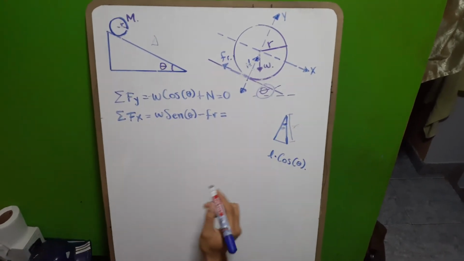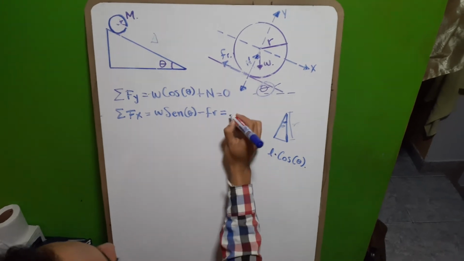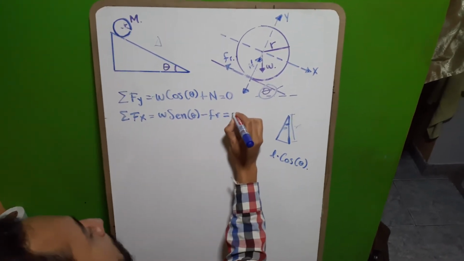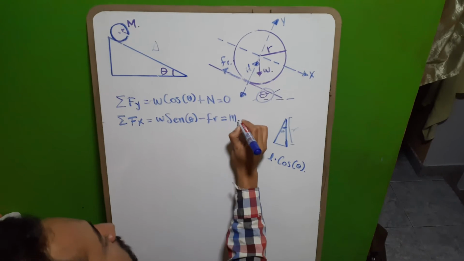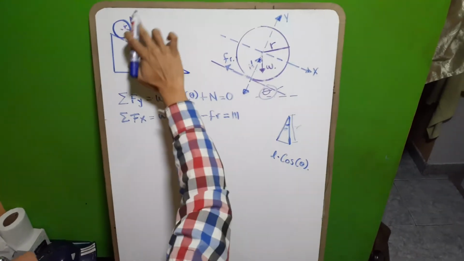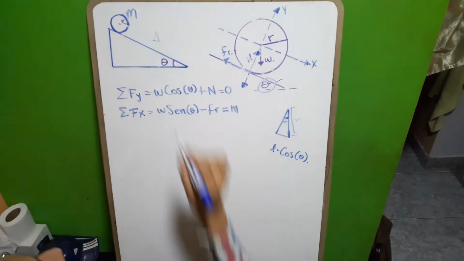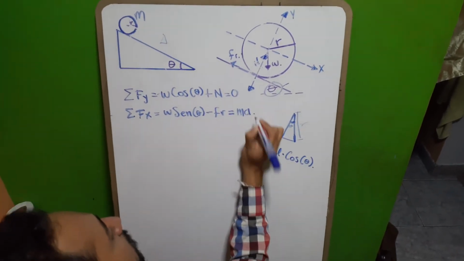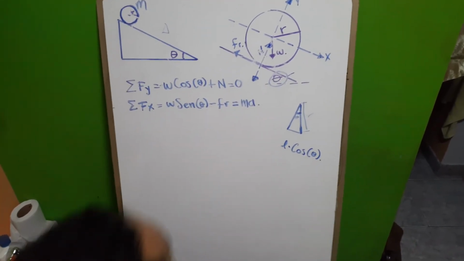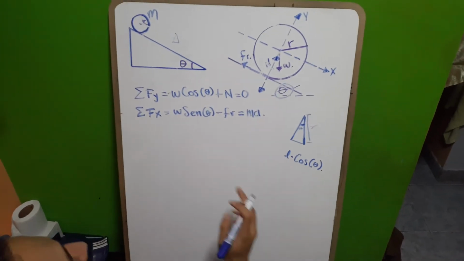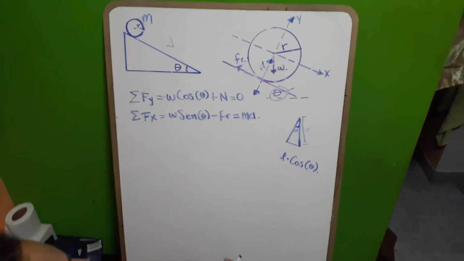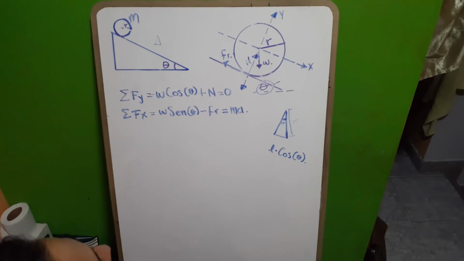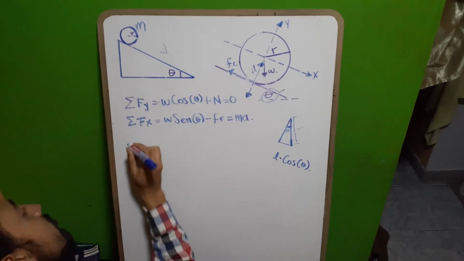So this is equal to mass multiplied by acceleration.